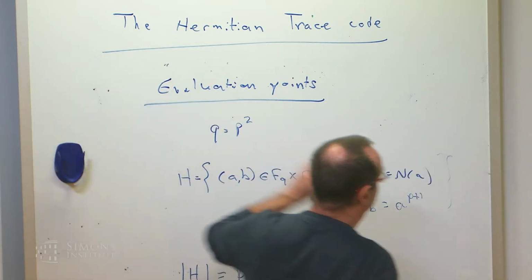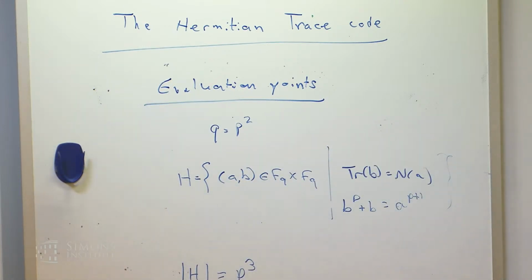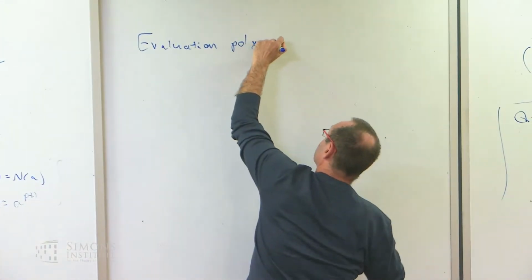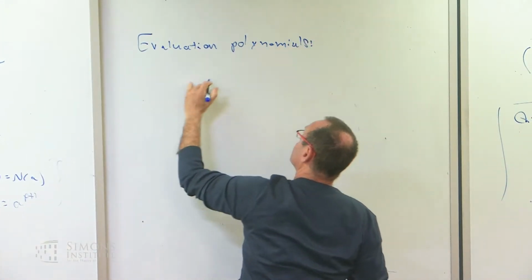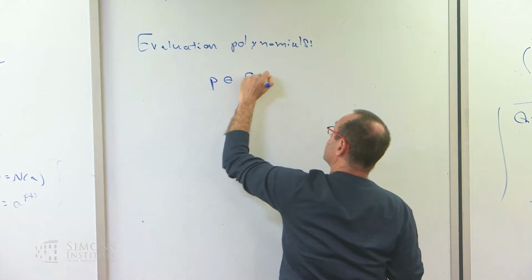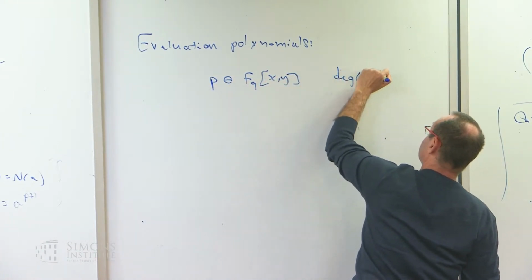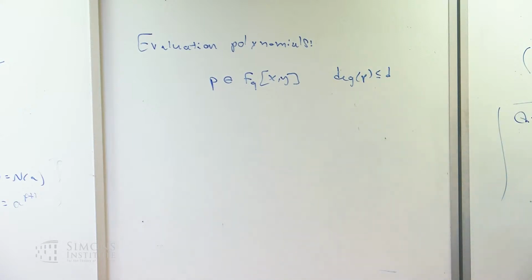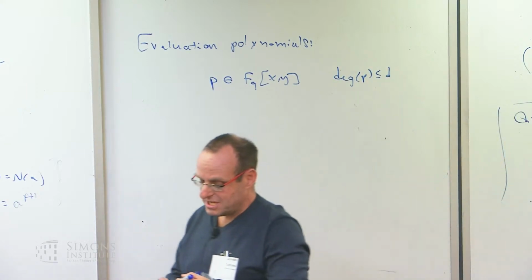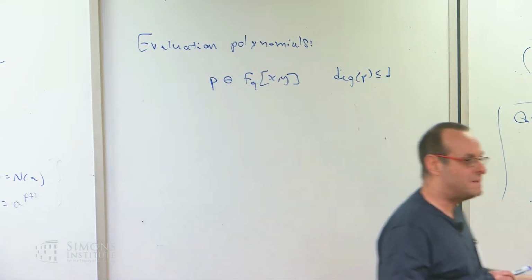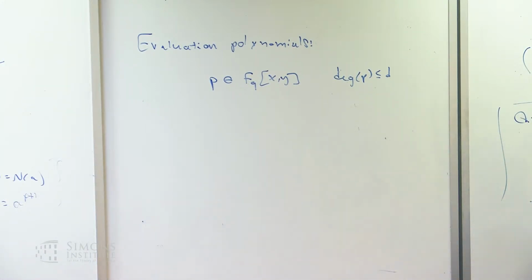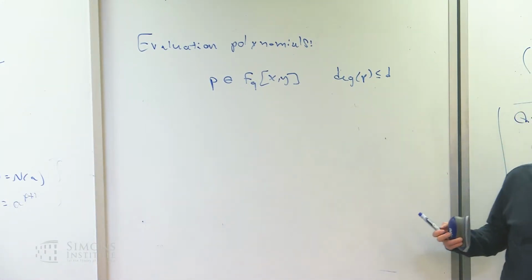And what are the evaluation polynomials? Evaluation polynomials are all the polynomials in X and Y such that the degree is small. So in a sense, artificially, it looks like Reed-Muller in two variables, but it's really a one-dimensional object because it really works on a curve.